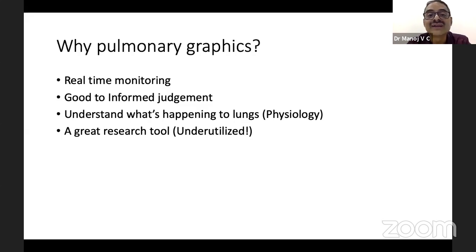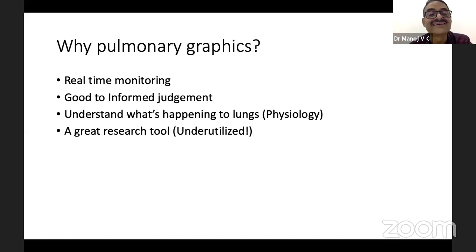The first thing we said when we started the lecture series was that you should know the lung physiology to decide what type of ventilator and what settings you're going to use. So if you want to know the lung physiology, this is a good tool, especially if you follow the trend. Another use for pulmonary graphics is highly underutilized, especially for the postgraduates in this session: start some research.